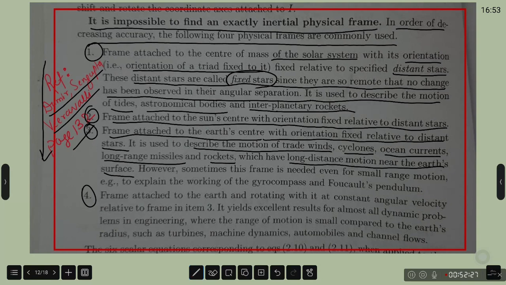Now there are some more details. I don't want to go that far. Ignore this statement. So the third reference frame is attached to Earth center and its triad points to distant stars. The fourth reference frame is attached to the Earth and rotating with it at constant angular velocity relative to the frame in item 3.